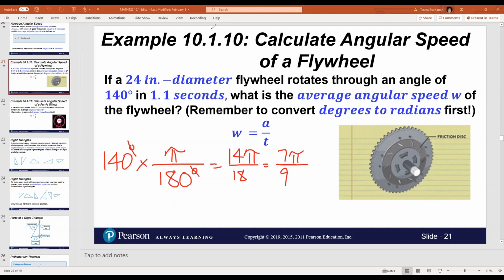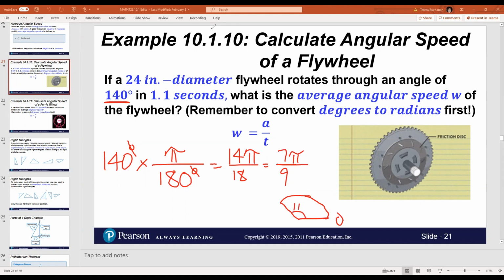That's the exact value of the angle. And I want to find out, so the span, the change in the angle, in other words, is from, say, 0 radians to 7 pi over 9 radians, or 140 degrees, in a certain amount of seconds, in 1.1 seconds.